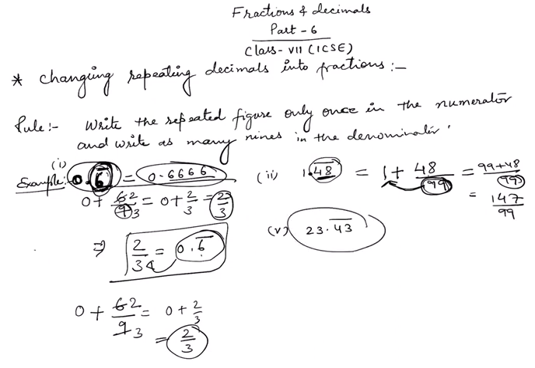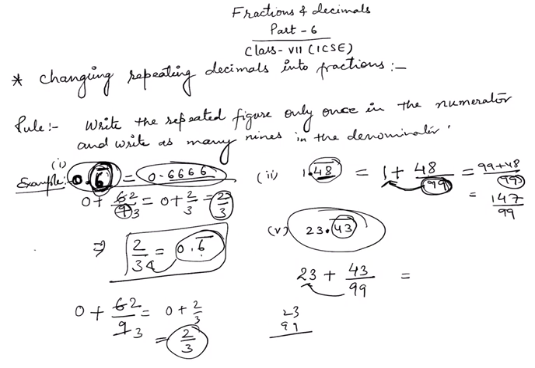Same way you can do this also. Whatever is written before the decimal we will add. Two digits are repeating, so once we will write 43, and for two digits, 2 nines. Again what we will do, we will multiply 99 into 23. You can do the multiplication in rough.